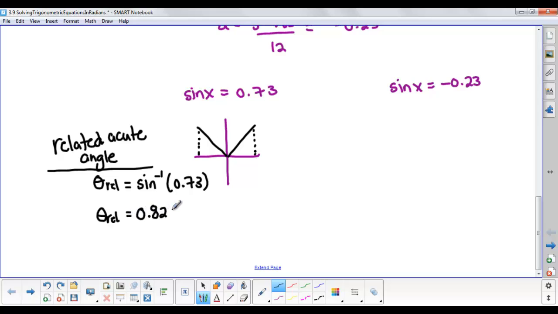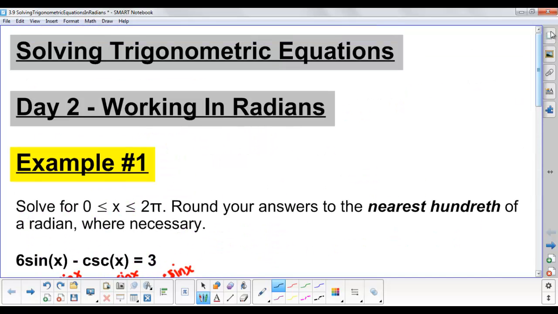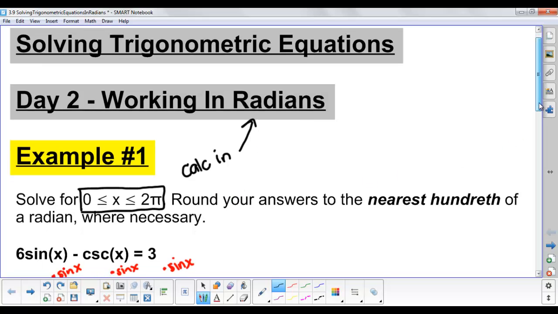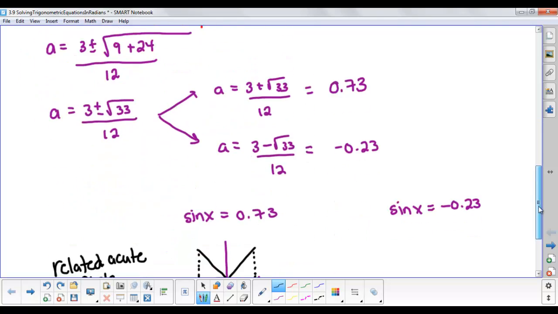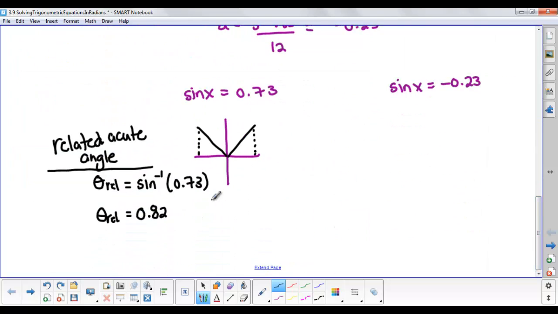If you do that on your calculator, the related acute angle should give you 0.82. Now, one thing to point out is that if you take a look at the top of the question, we are given this domain between 0 and 2 pi. So right away, that tells me my calculator should be set in radians. When you're working out the sine inverse, your calculator should be set in radians, and so what we get here is 0.82 radians.